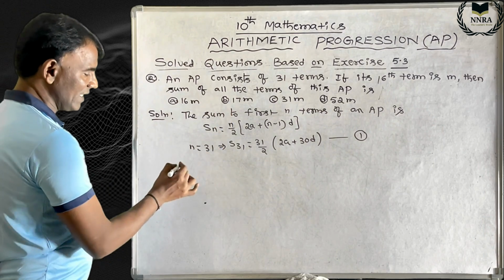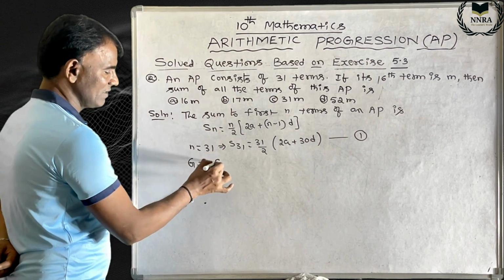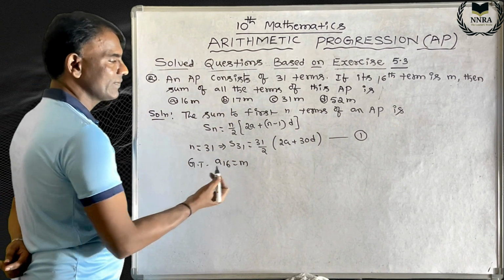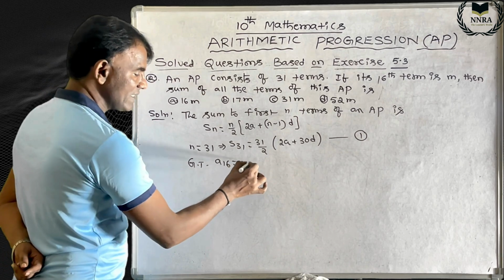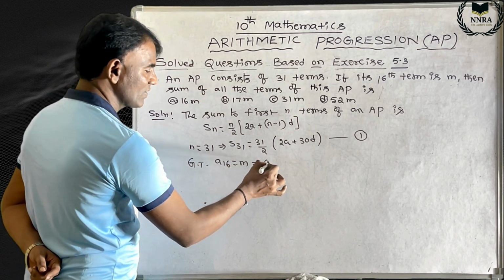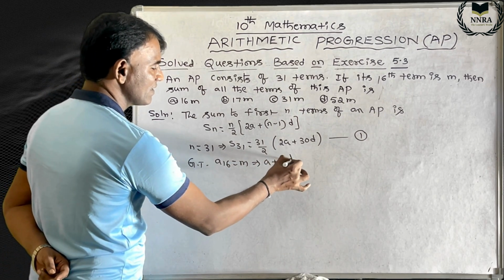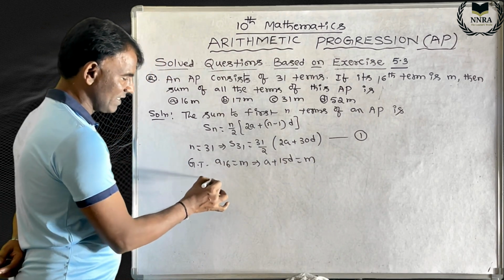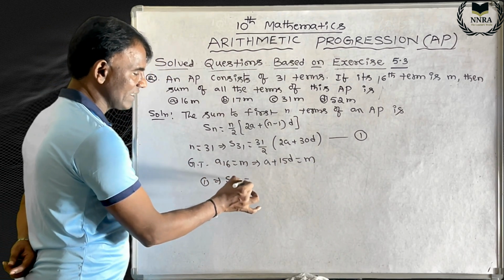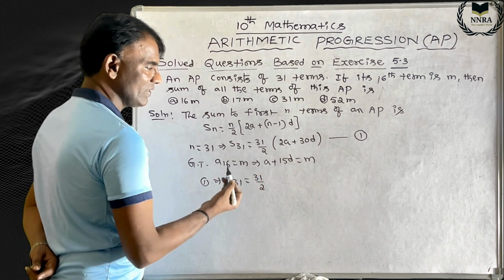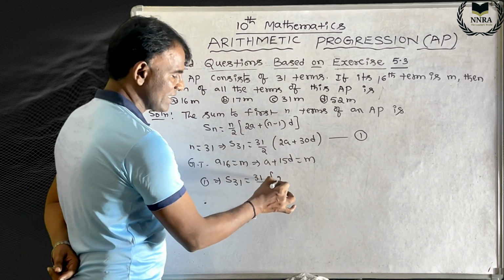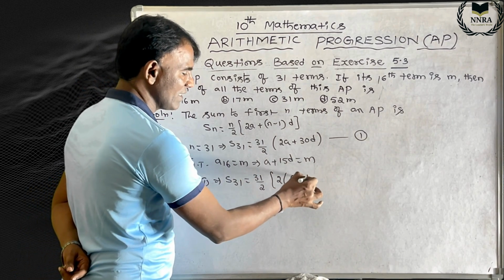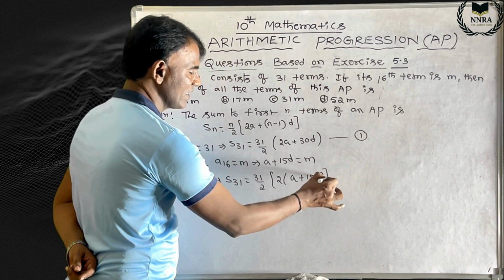Now take the given data. Given that a16 equal to m. So a16 can be written as a plus 15d, that is equal to m. And from equation number 1, S31 equal to 31 by 2. If 2 is common, then what is the remaining? a plus 15d.